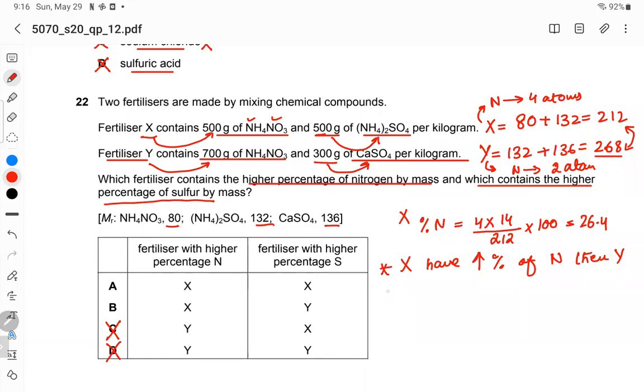To find the percentage of sulfur for X, the formula must be: the mass of sulfur is 32 and there is only one sulfur. So 32 over 132.